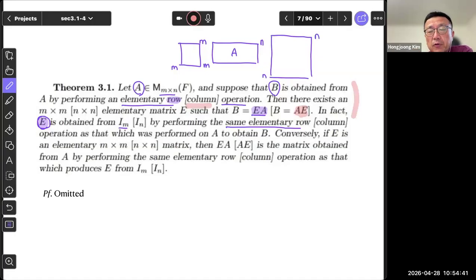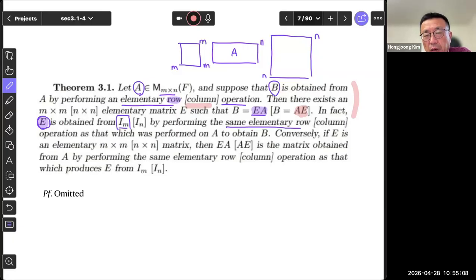So if you perform an elementary row operation, then you will perform the same elementary row operation on the m by m identity matrix, so that you obtain an m by m matrix, so that you can multiply that matrix from the left, right?